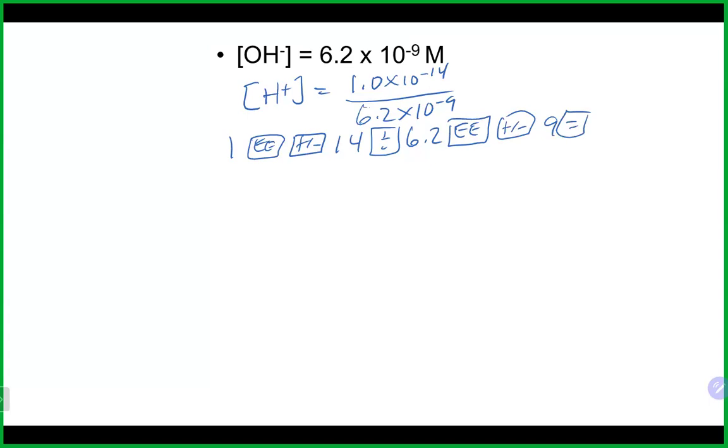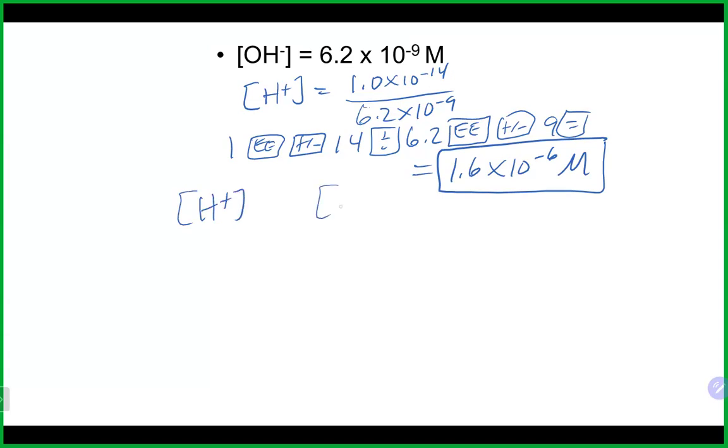A little equal sign there, and that will get you looks like 1.6 times 10 to the minus 6. Again, we need molarity as is the concentration. Comparing in this case our H plus to our OH minus.